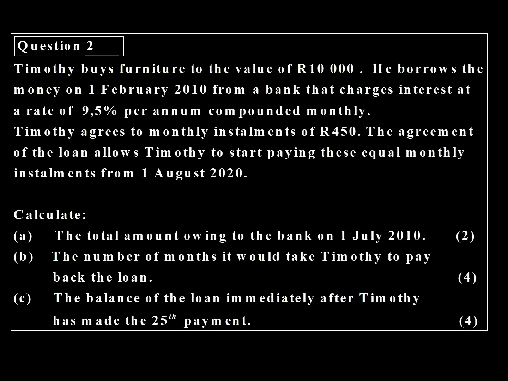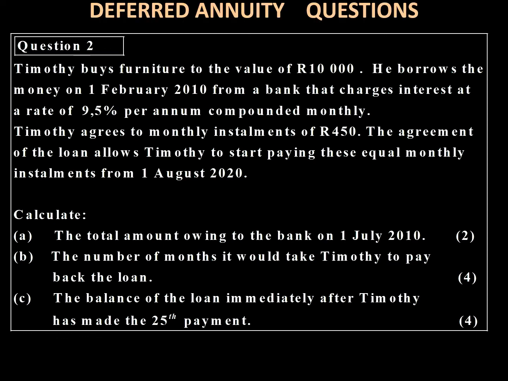And then here again we have where Tim starts paying at a later month. Instead of starting on the 1st of February, you're starting on the 1st of August, so there's also a deferment question there.